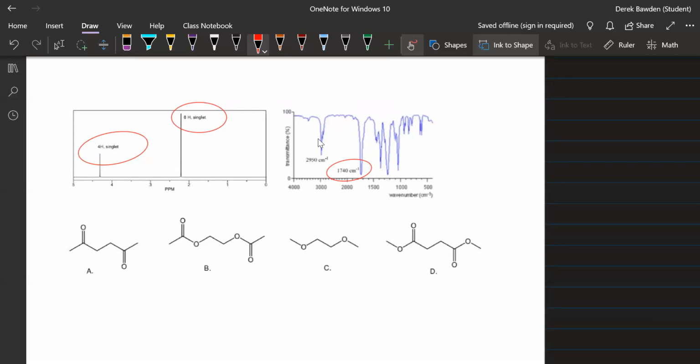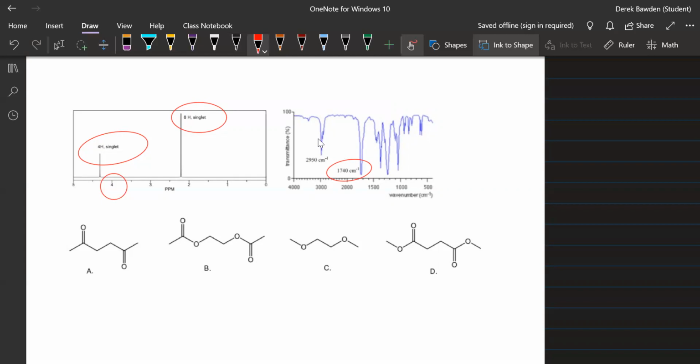I'm going to give you guys a hint. This peak right here is quite de-shielded compared to most hydrogens, so those are going to be near oxygens. So we know we need C double bond O, and we need to have 4 hydrogens near oxygens.